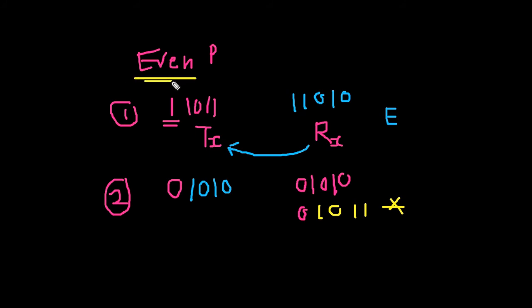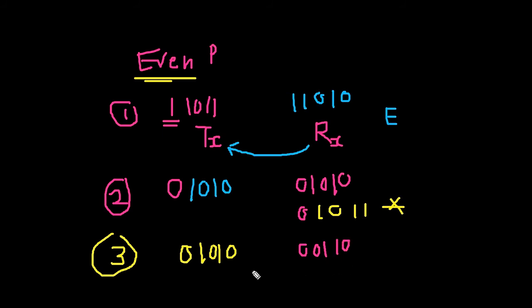What is the drawback of even parity? Let's see. Third example, to explain the drawback of even parity, say 01010, taking the previous example, and say the received data in this case is 00110.